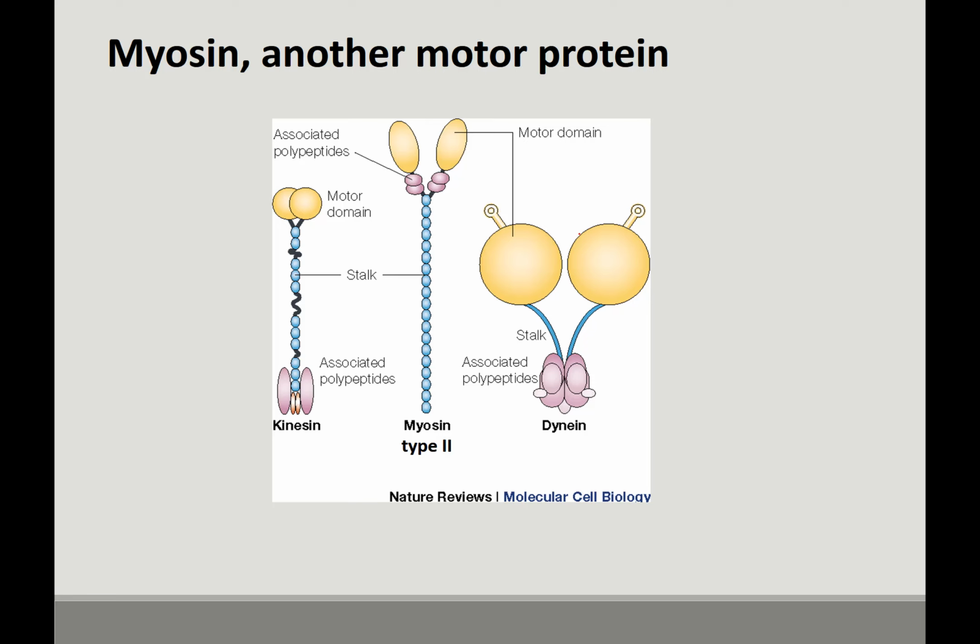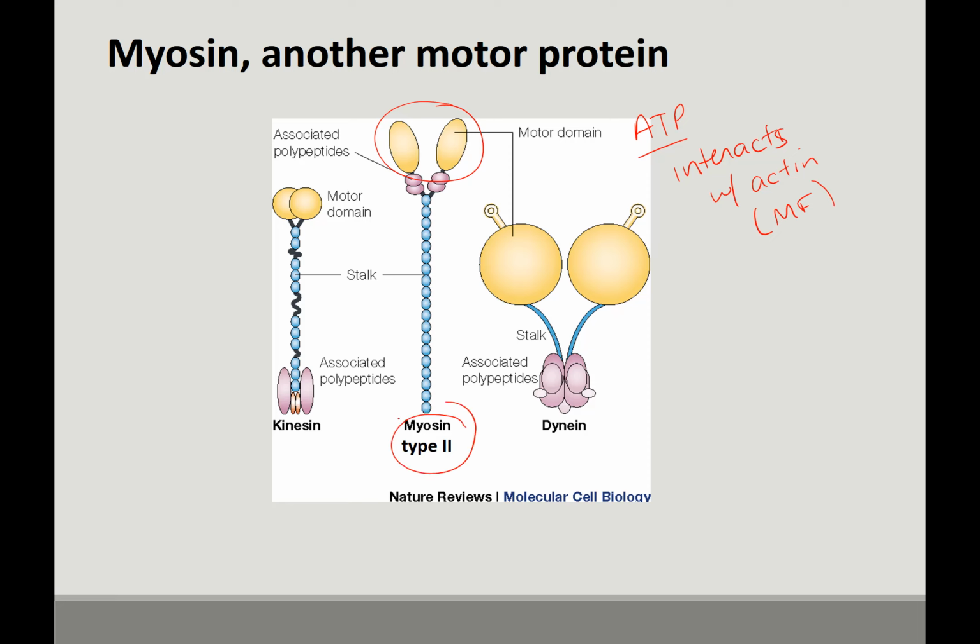Another motor protein is myosin. And myosin also has a motor domain, which means it requires ATP for movement. Myosin interacts with actin. And remember that actin is a microfilament, not a microtubule.